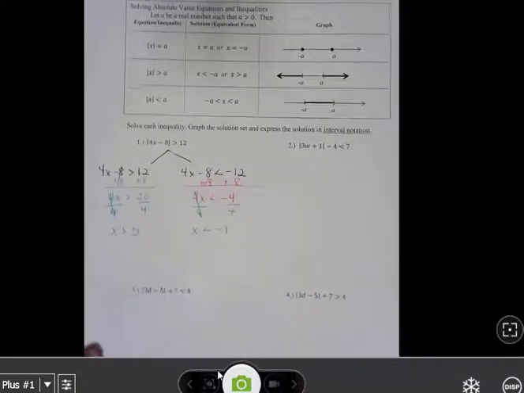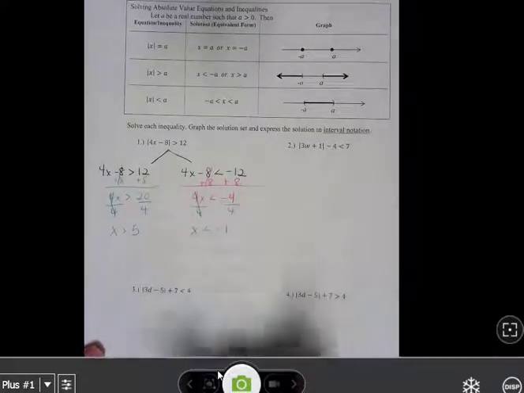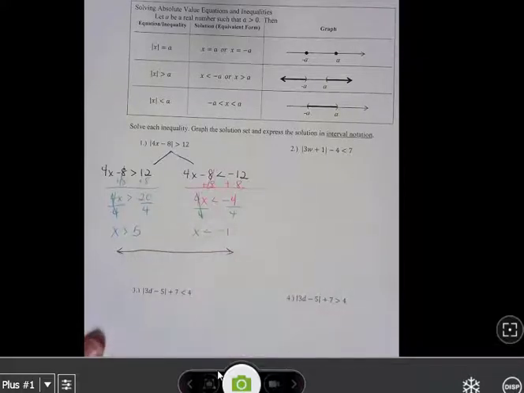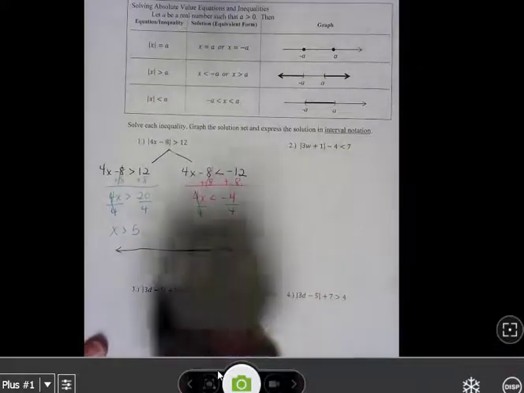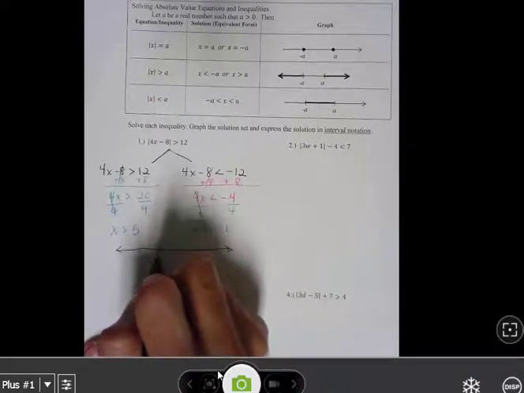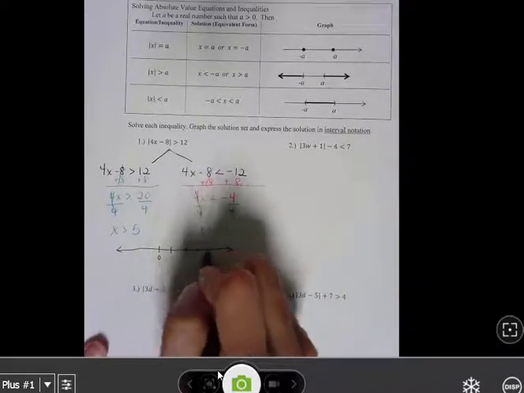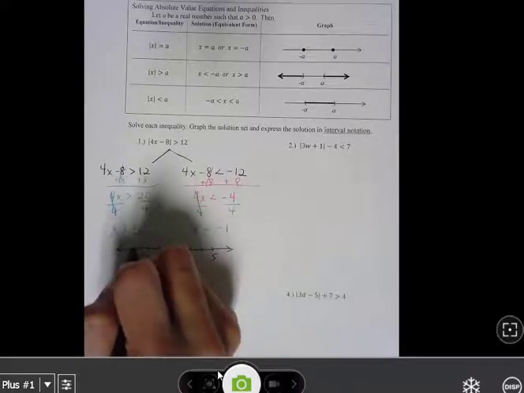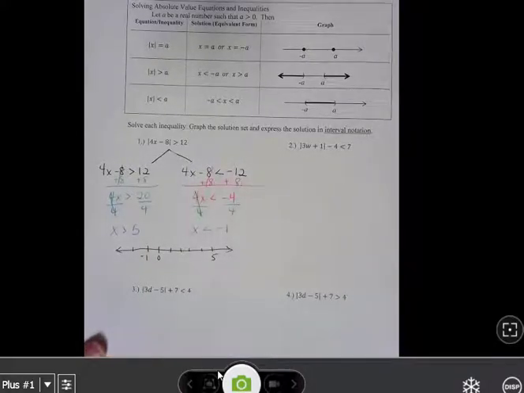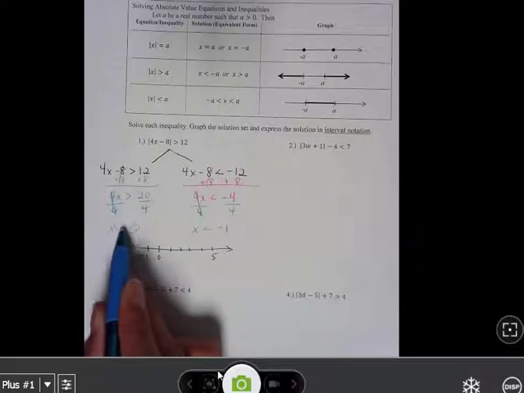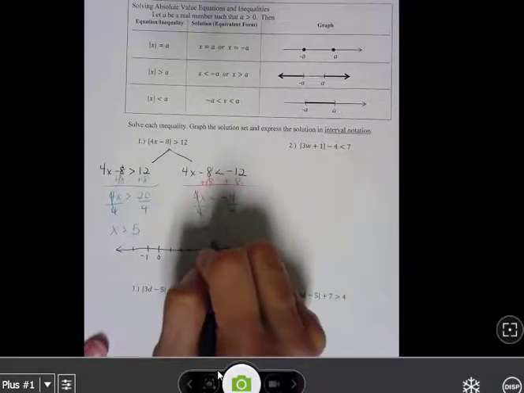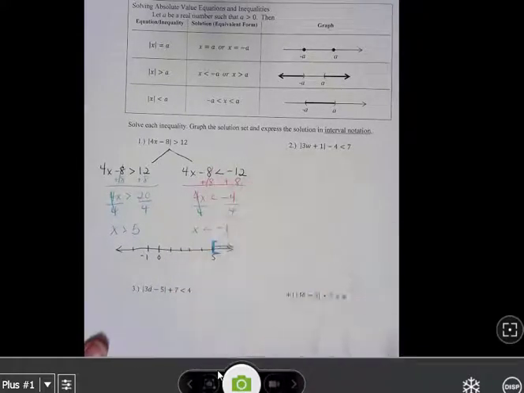Then we'll graph our solution set. We'll make ourselves a number line, and on our number line we have 0, 1, 2, 3, 5, and then here we have negative 1. We'll mark each of those points. This one is greater than 5, and again, you can use the open circle, or you can use your parenthesis.